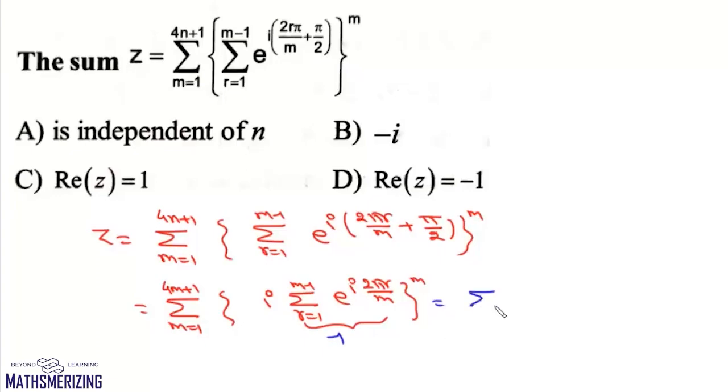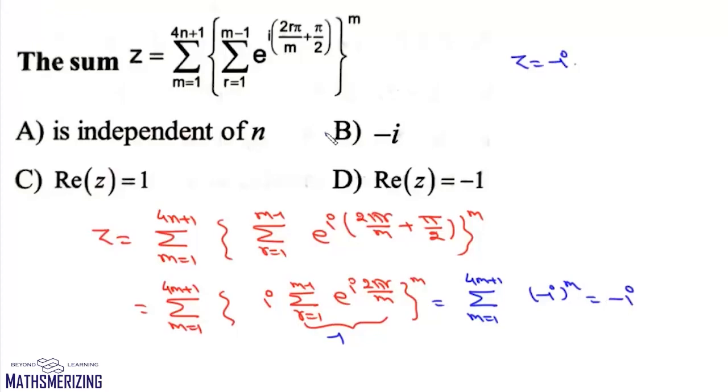So we'll get summation m varies from 1 to 4m plus 1 of minus iota to the power m. Now we know that the sum of any 4 consecutive powers of iota is 0, and we have 4m plus 1 numbers in the series. So the sum of all 4m numbers will be 0. Then we are left with this one number, and this one number will be simply minus iota. So the value of z is minus iota.